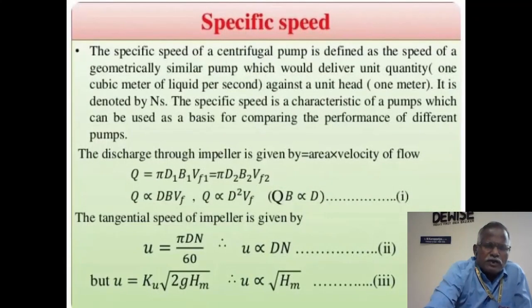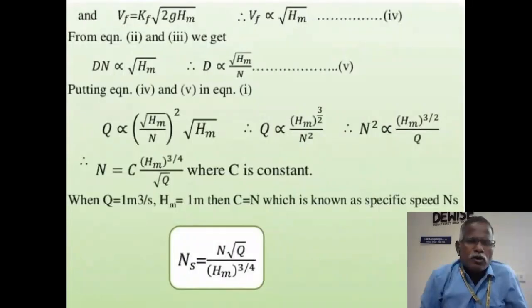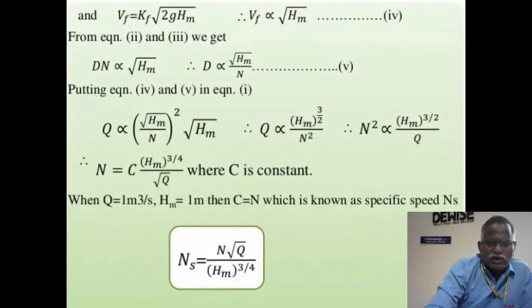Q is equal to pi D1 B1 Vf1, which is equal to pi D2 B2 Vf2, directly proportional to D, the diameter, and then D N is equal to root of manometric head, and diameter is equal to root of manometric head divided by N. Q means volumetric flow rate, root of Hm divided by N whole square, and then root Hm into root Hm.